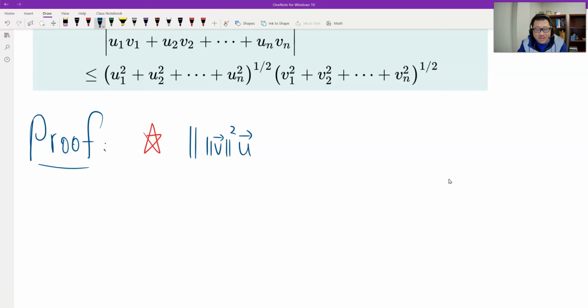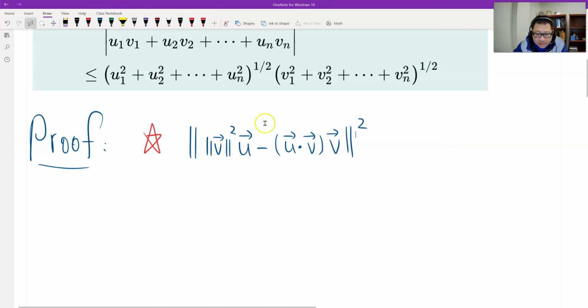You will say this is strange, really. And then minus u dot v times v, the square of the norm. See, this inside should be a vector, right? So this is a scalar multiplication, and this is also a scalar multiplication of a vector. The subtraction gives us a vector, and then the norm, and then square.